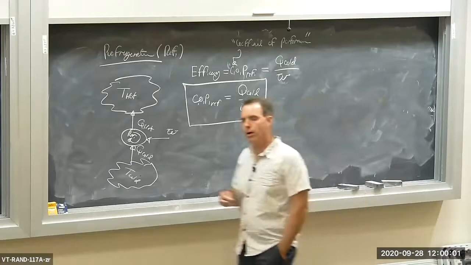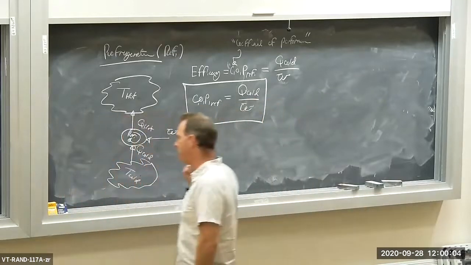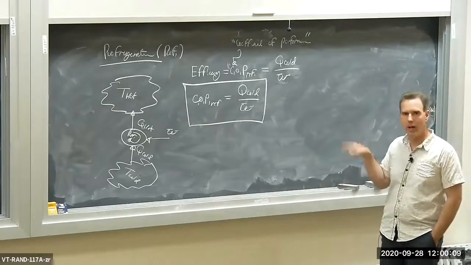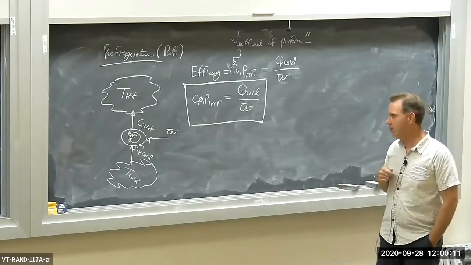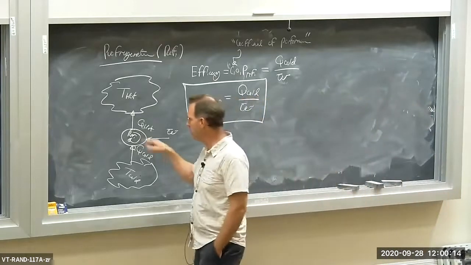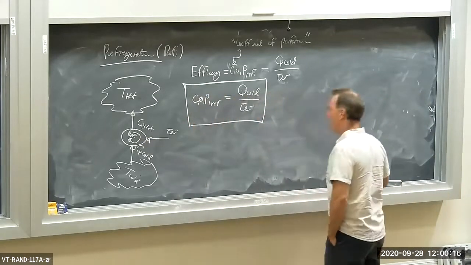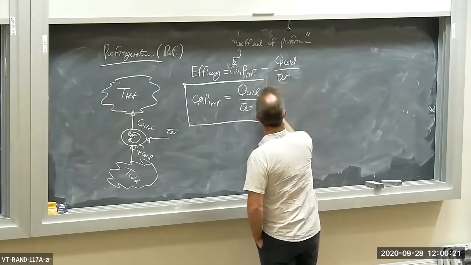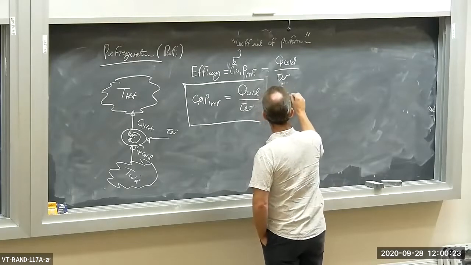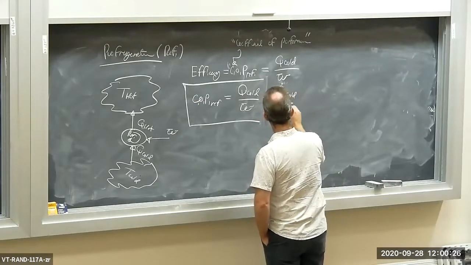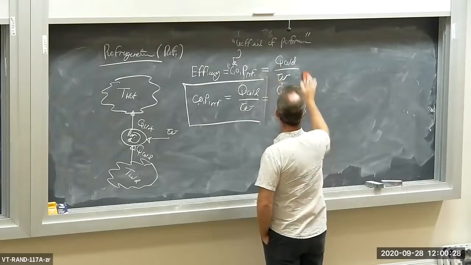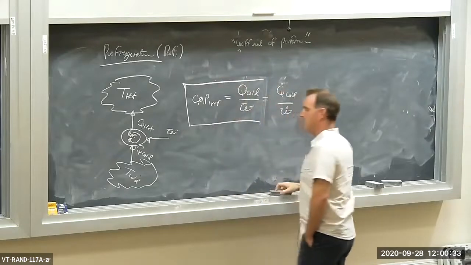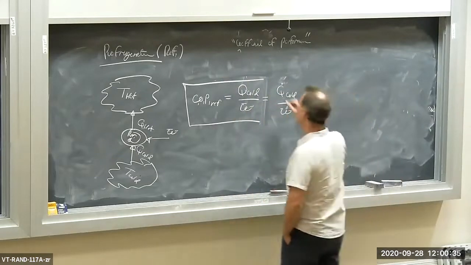Now, before we go on, I want to say you can actually rewrite this efficiency for a device that runs continuously in time. This is the device here that runs in a cycle. So I could write this as Q cold over W, but I could also write it as Q dot cold over W dot. That would be the continuously running dE dt equals 0.